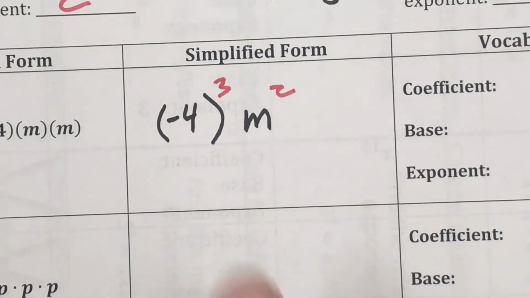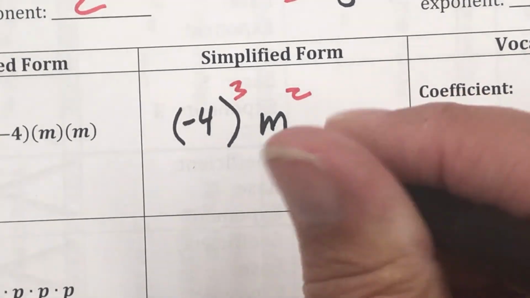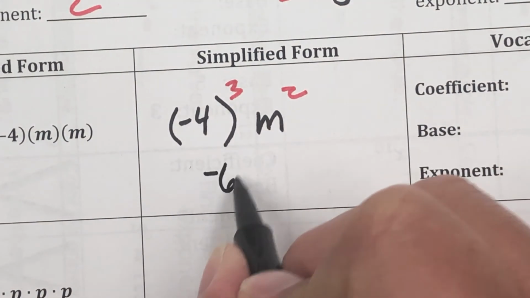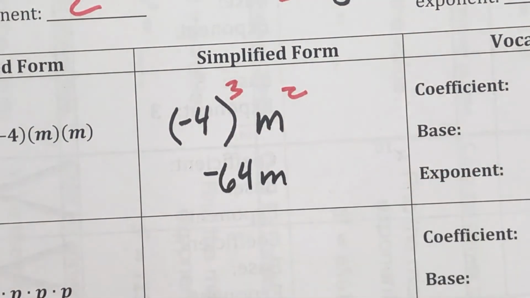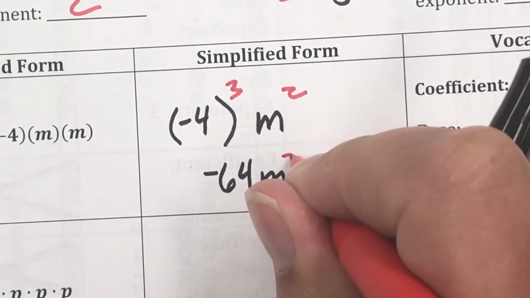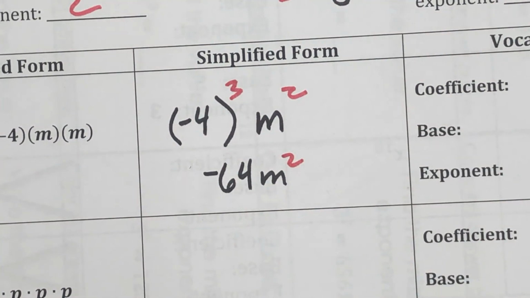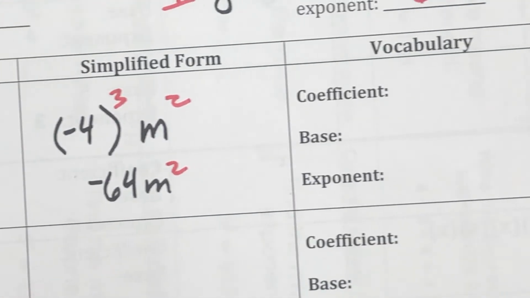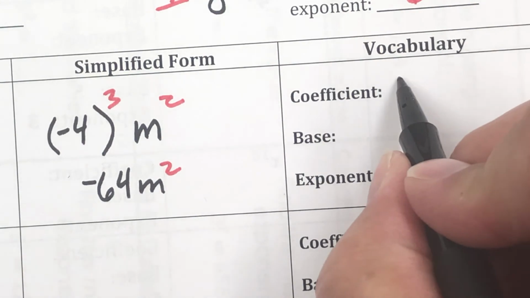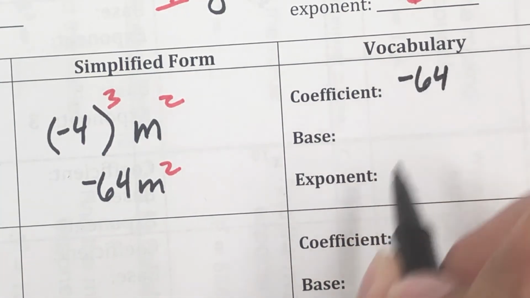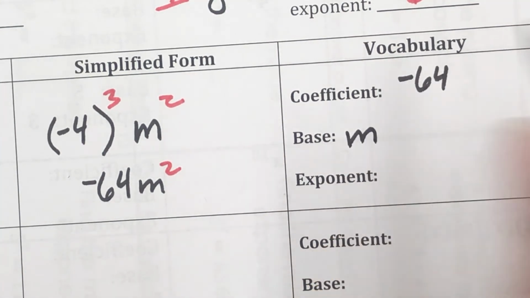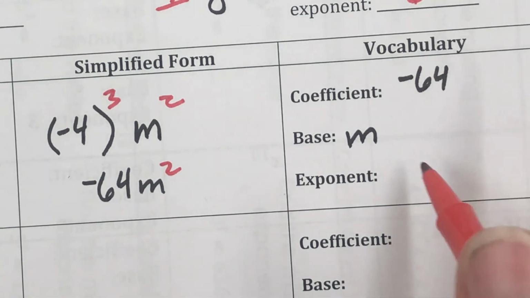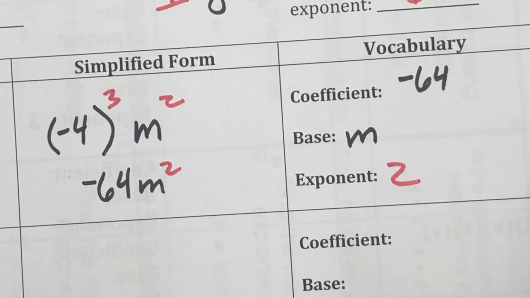So I could actually rewrite this as -64 m to the second power. Now I can't do anything with the m because it's an unknown, but I can solve the -4 to the third power and get a coefficient of -64 and a base m and an exponent 2. Ha, that was a tricky one. You start with the hard ones.